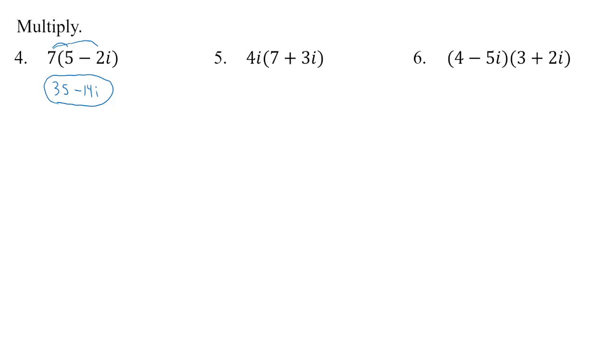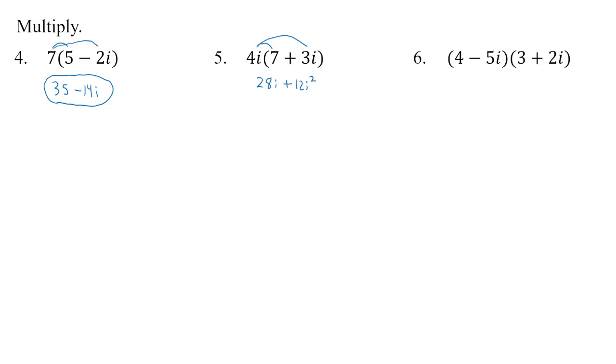All right, next we got 4i times 7 plus 3i. So 4i times 7 is 28i. And 4i times 3i is positive 12i squared.